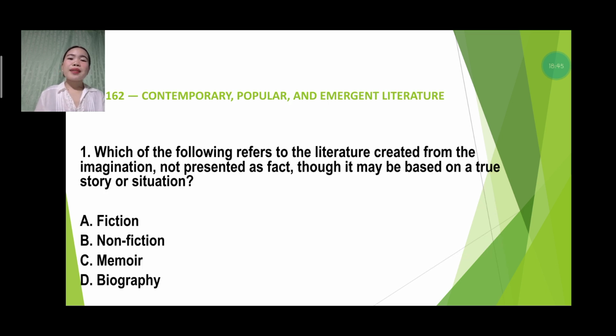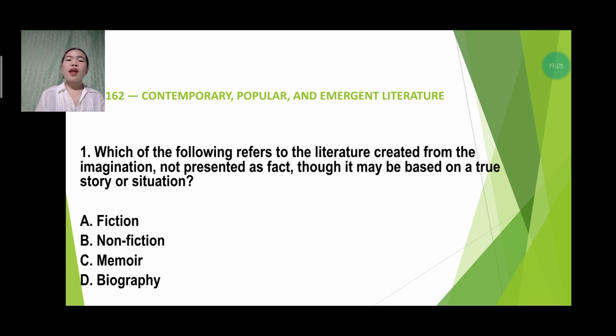So, moving on with the subject English 160, Contemporary, Popular, and Emergent Literature. Item number 1, which of the following refers to the literature created from the imagination, not presented as fact, though it may be based on a true story or situation?